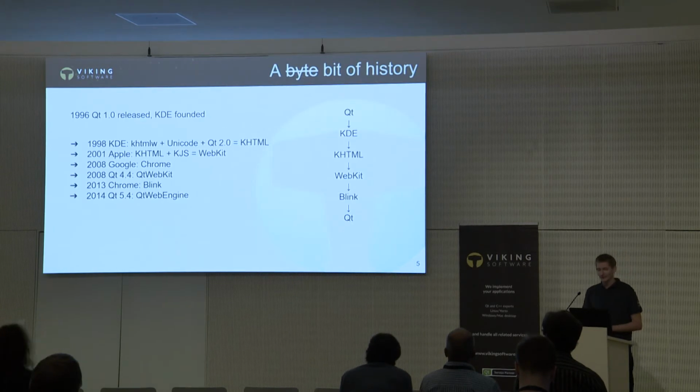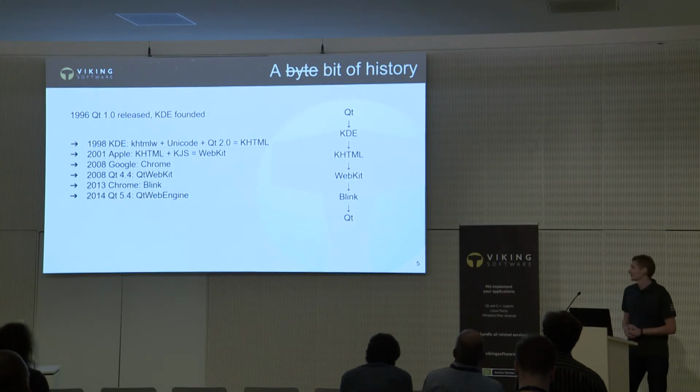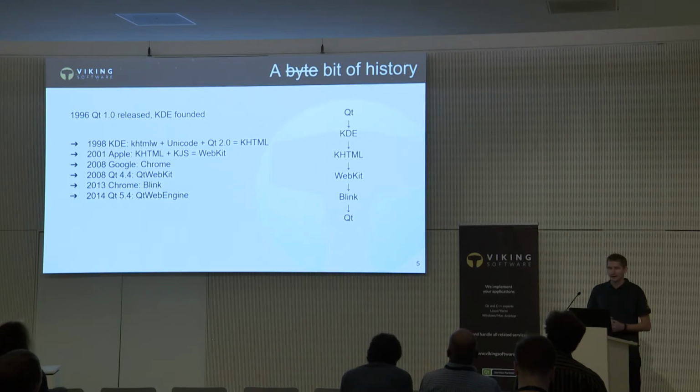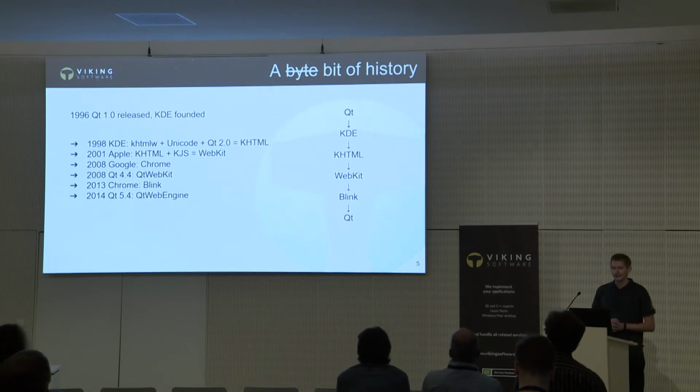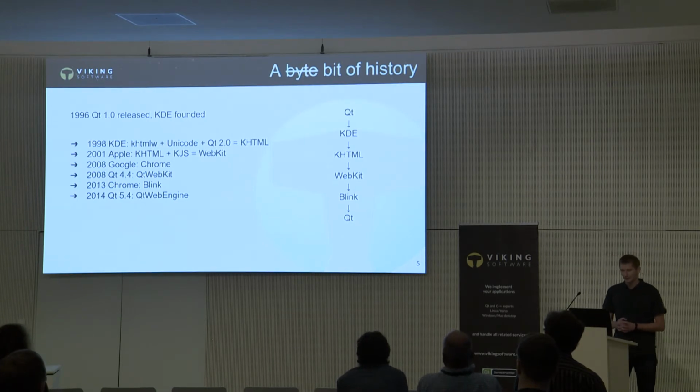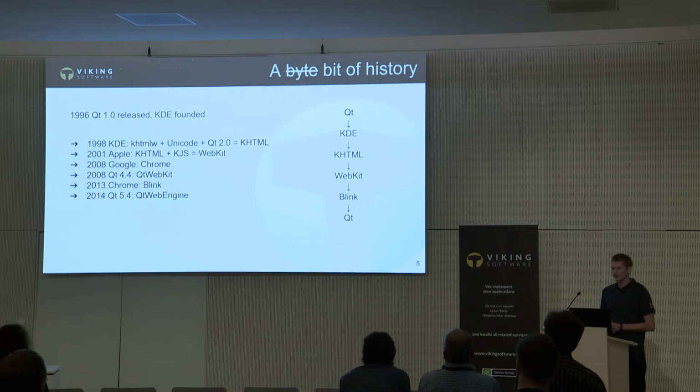But in the year 1996, the first version of Qt was released, the KDE project was founded, and a few years after that, Apple forked some sub-projects from KDE and started WebKit, the base for their Safari browser. A few years later, Google joined the party to use WebKit as the base for their Chrome web browser and the Chromium project.